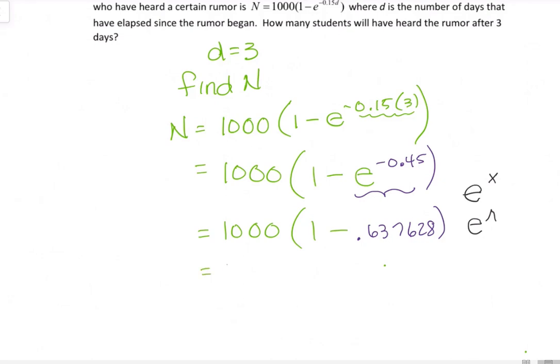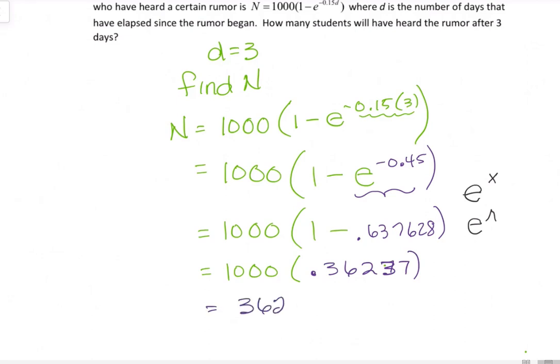So on my next line, I've got my 1,000, and when I did that subtraction inside there, I'm going to do 1 minus that, and I get 0.362337. We'll stop it there. And then if I just multiply that by 1,000, of course, that's just going to move the decimal over 3 places.